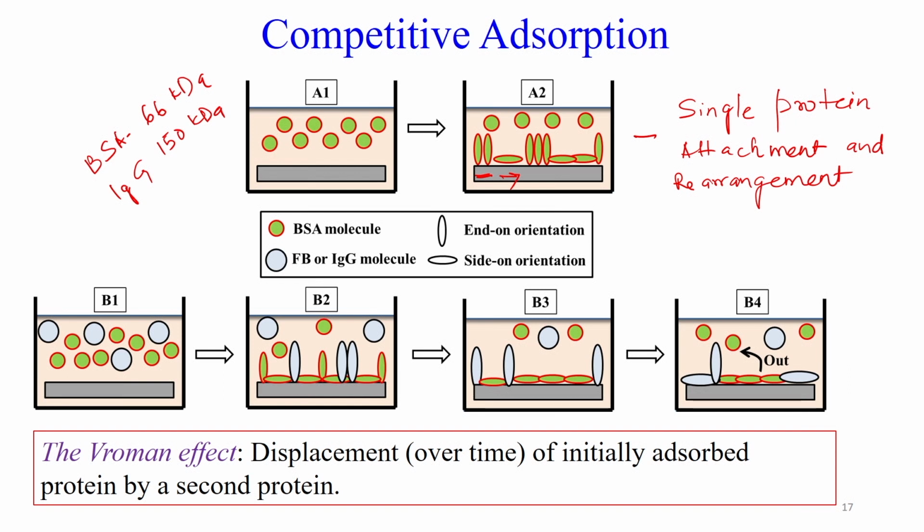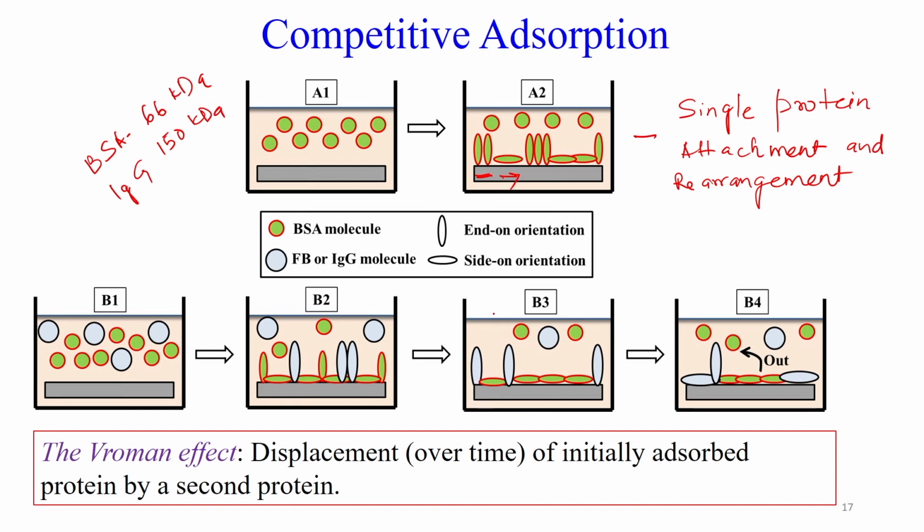Then once the larger protein molecule reaches the surface, it will try to replace the smaller protein, depending on the affinity of the surface and the smaller protein.